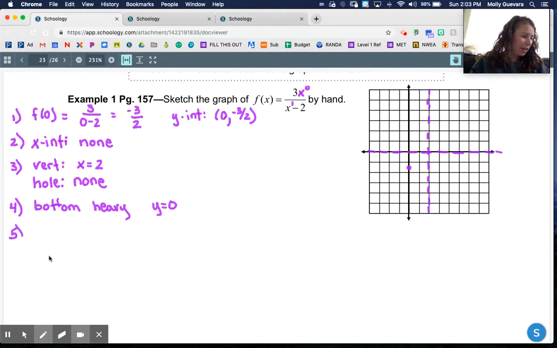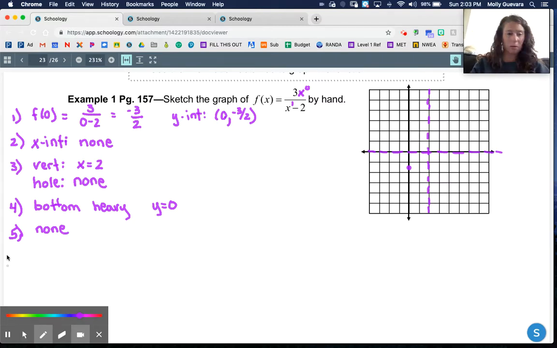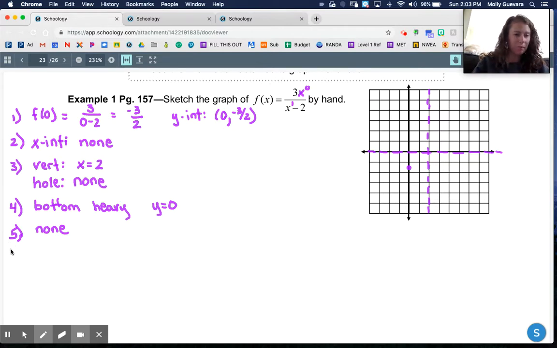Again, if there is a slant asymptote, there's usually not both a vertical asymptote and a slant asymptote. We haven't talked about slant asymptotes, so just take my word for it. There's none.